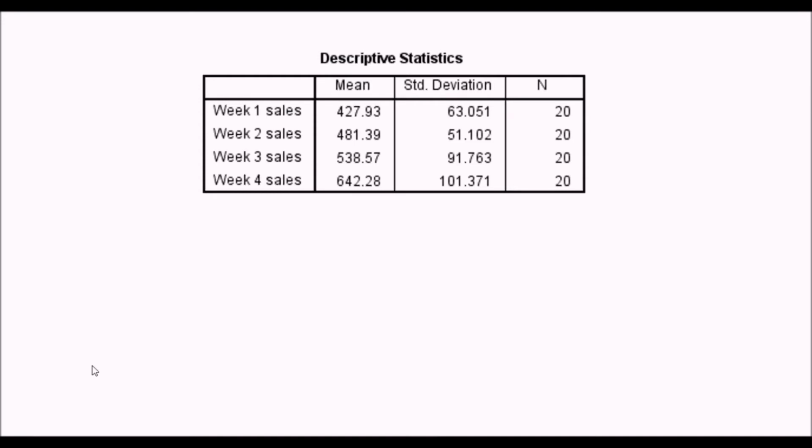And you can see just from this table that it looks like sales are increasing across the weeks. So they start off at £427.93 for week 1, and then they gradually rise. So by week 4, they're £642.28. So from that, it looks like incentive is having an effect. The increase in incentives across the weeks seems to be generating higher sales.